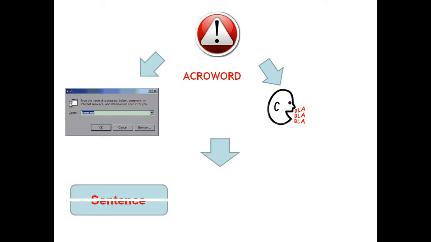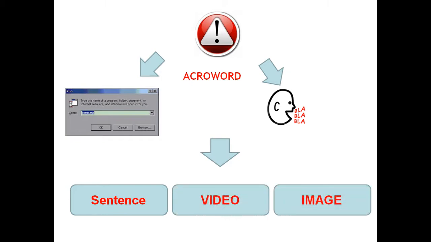The scope is to produce a sentence, to produce a video, or to reproduce an image, because with these three areas we can cover the problems related to visual handicap, or to blind or deaf people.